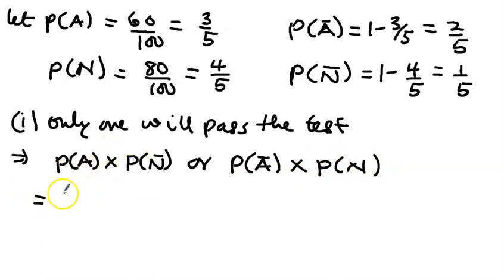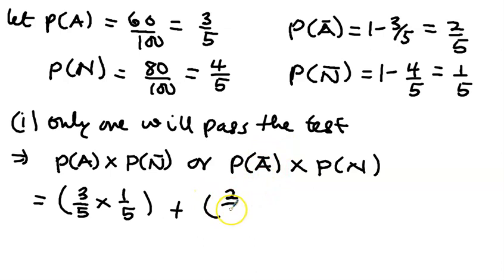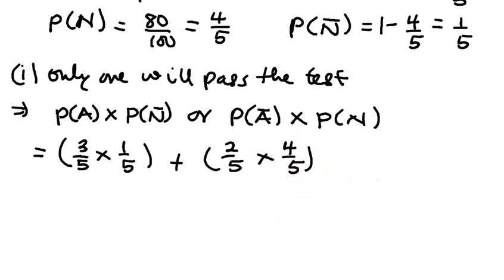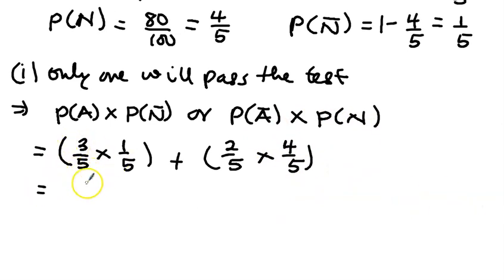So what is the probability that Afi will pass? This is 3 out of 5. Na will not pass, which is 1 on 5, plus Afi will not pass, which is 2 out of 5, times Na will pass, which is 4 out of 5. So when we simplify, we get 3 out of 25 plus 8 out of 25.